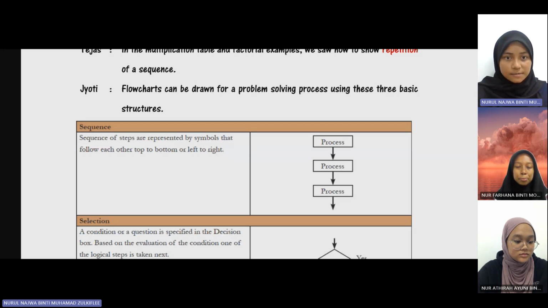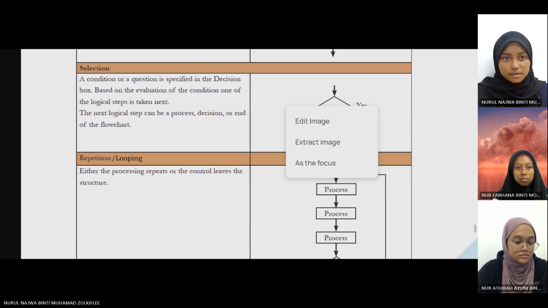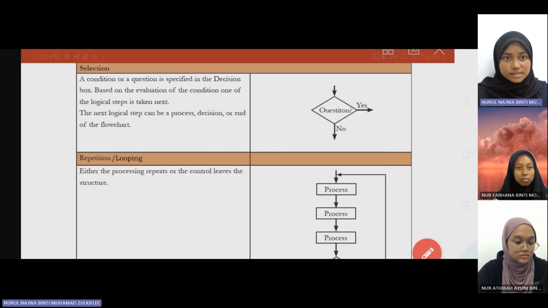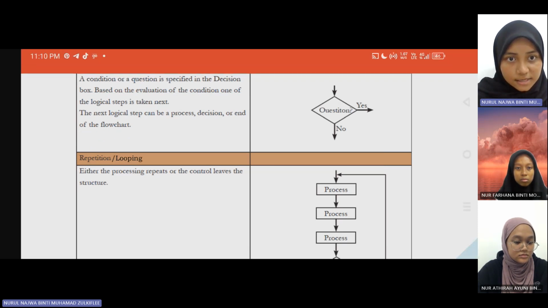Sequence: steps are represented by symbols that follow each other top to bottom or left to right. Selection: a condition or a question is specified in the decision box.